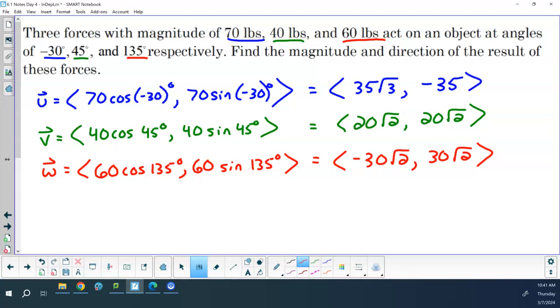Now we just have to add them. So now we're going to come up with vector u plus vector v plus vector w. And we're going to add them together.